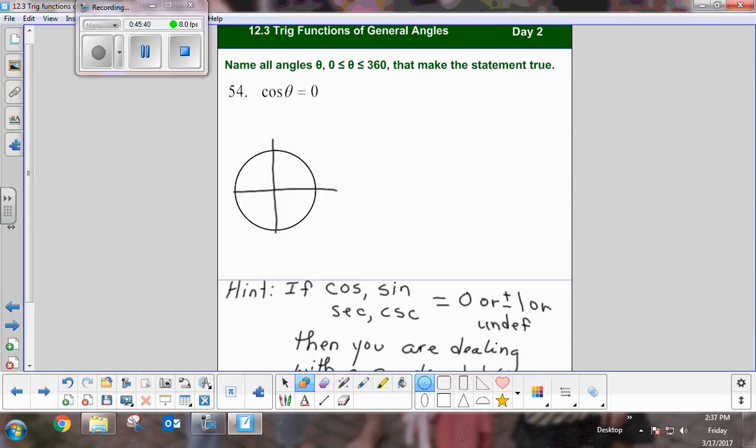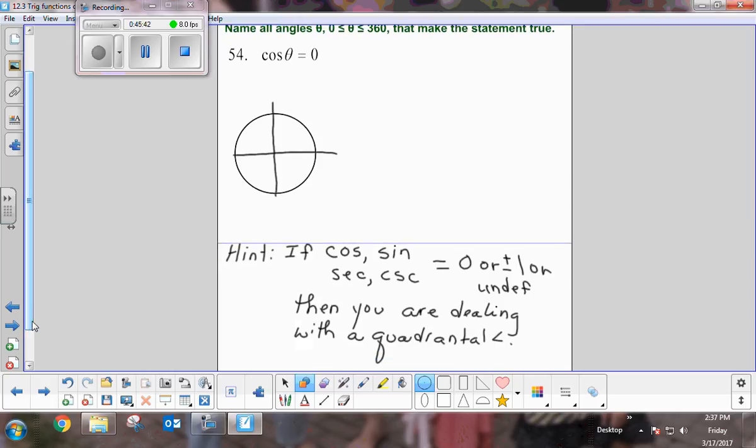So remember with a quadrantal angle, you have to think of these points where it intercepts the axes. So this point here is (1, 0). Charlie, I'll try to get this right this time. It's (0, 1), right? Here it's (-1, 0), and here it's (0, -1).